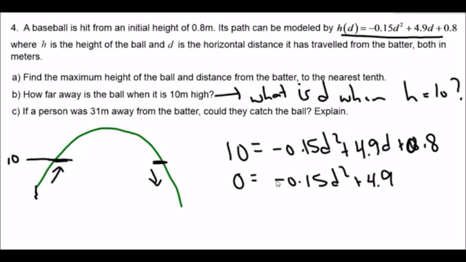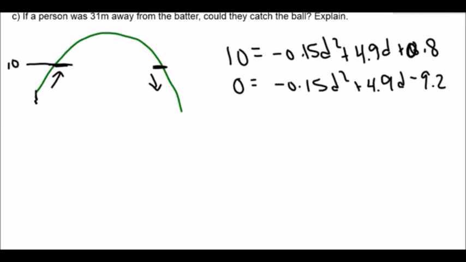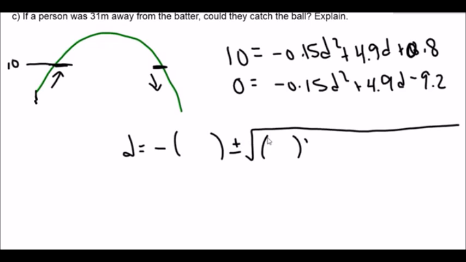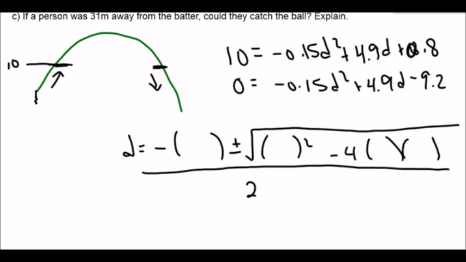And then once I subtract 10, I can decide what strategy to use. I think, again, I'm going to use the quadratic equation to solve for d because it's the most direct. So d equals negative b plus or minus the square root of b squared minus 4 times a times c, all of this divided by 2a.